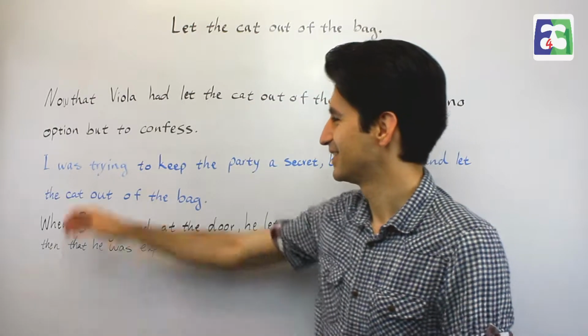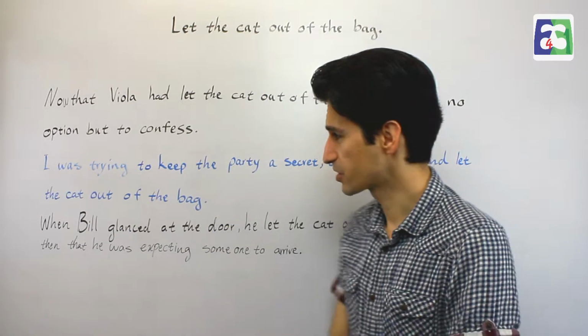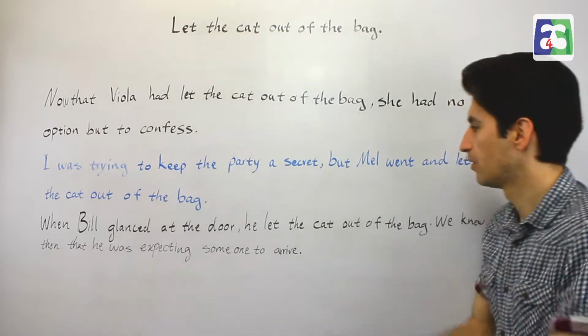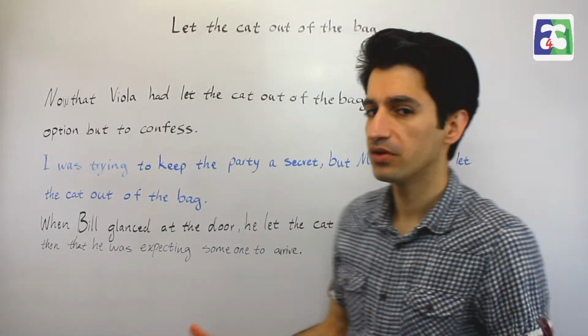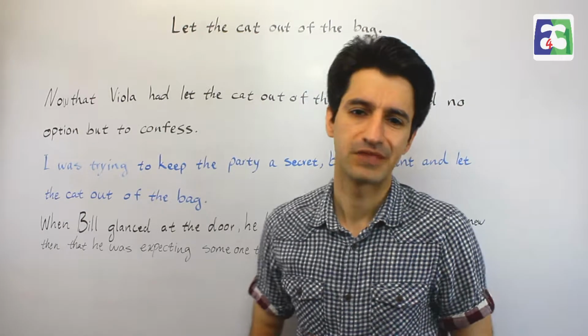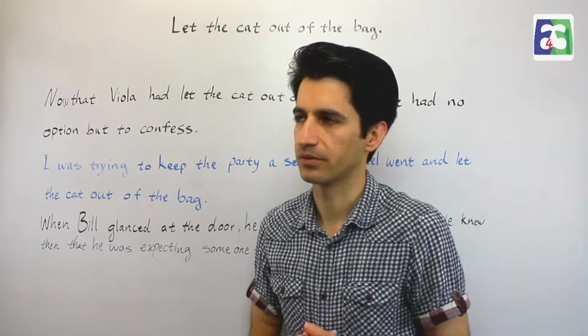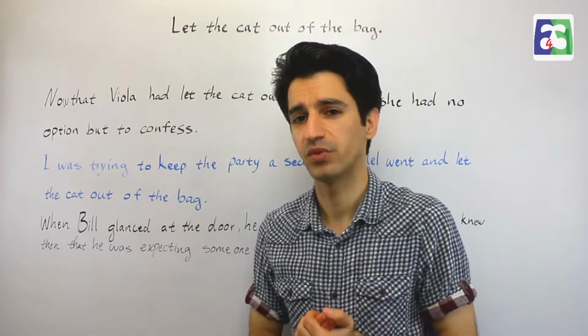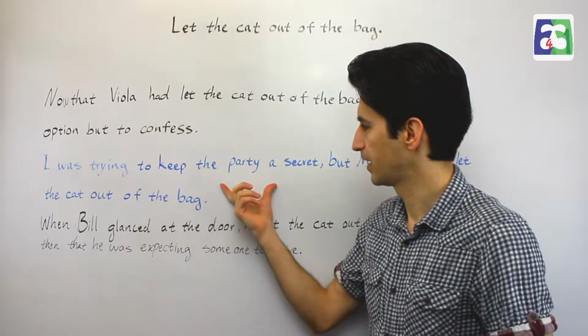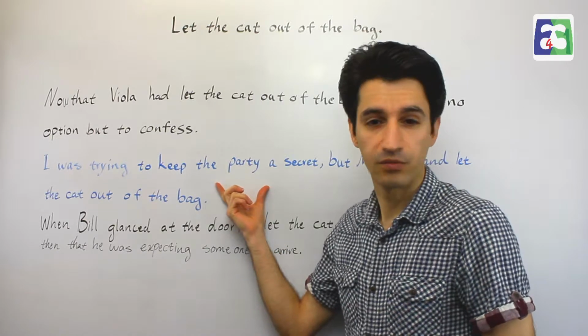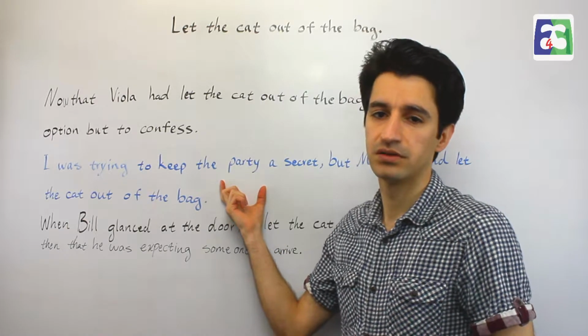Alright, let's look at the second one. I was trying to keep the party a secret, but Mel went and let the cat out of the bag. There is a party. Let's say someone's birthday is coming up, and you have arranged a birthday party, for example. That's a surprise, and we do not want anyone to know this.